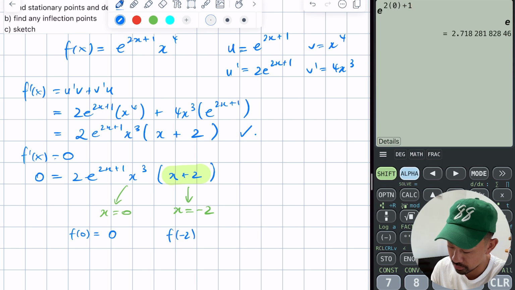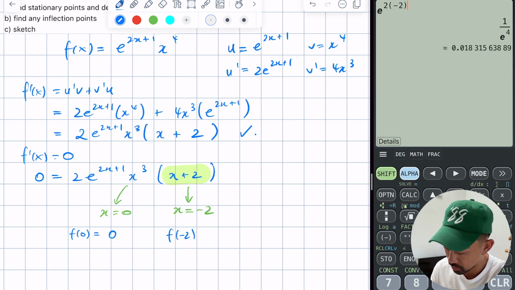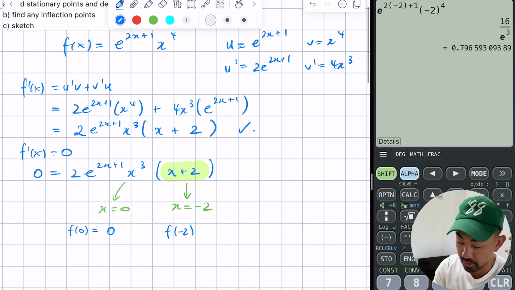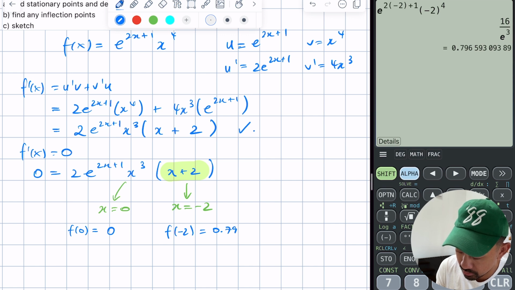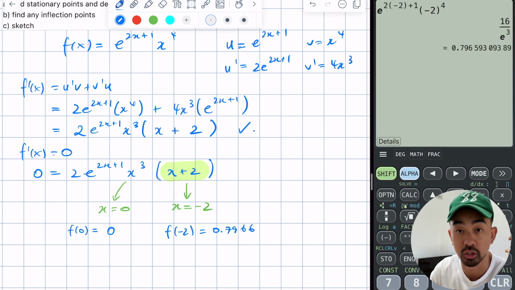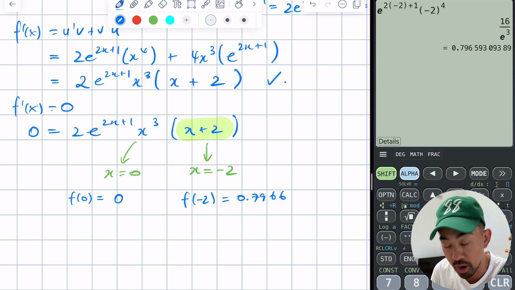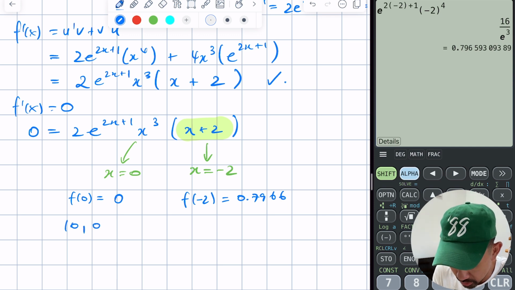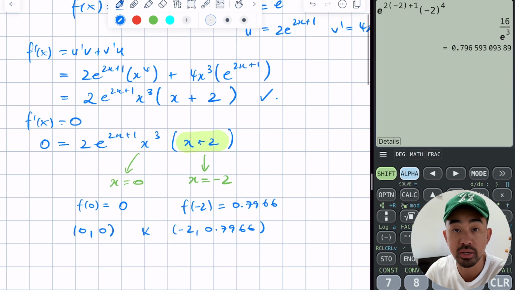So let's change that up. e to the power of 2 times -2 plus 1, and then -2 to the power of 4. So that's going to be 0.7966, let's call it. Okay, so I'm just going to clean this up and write this as a coordinate. So your possible stationary points are (0, 0) and (-2, 0.7966).